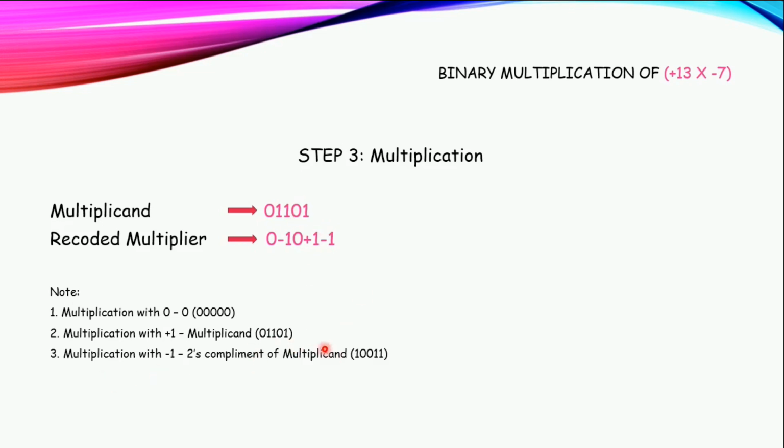Multiplication with minus 1 results in the 2's complement of the multiplicand. With this knowledge we can get into the multiplication of plus 13 and recoded minus 7. Initially I have to multiply my multiplicand with minus 1, so I write the 2's complement of the multiplicand. This is the 2's complement form of the multiplicand.